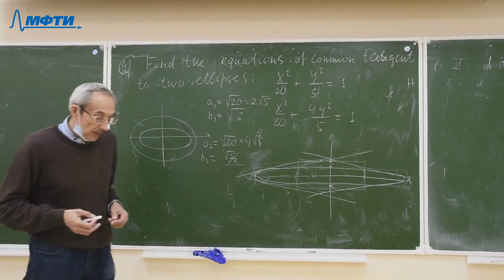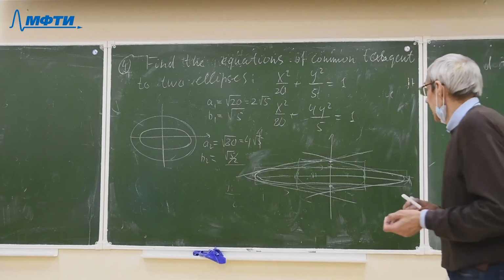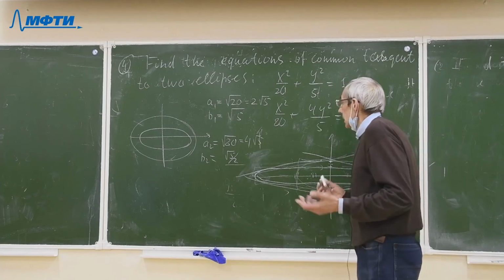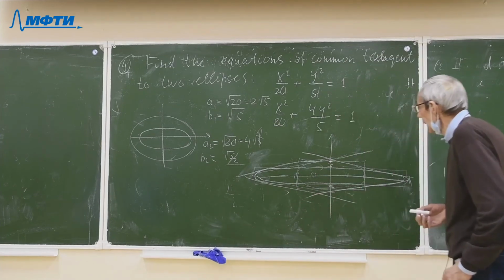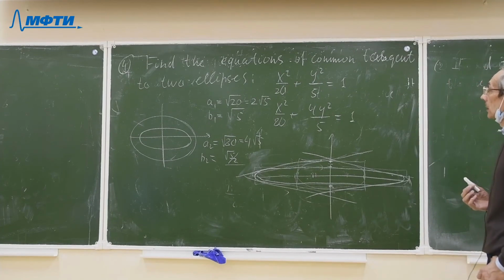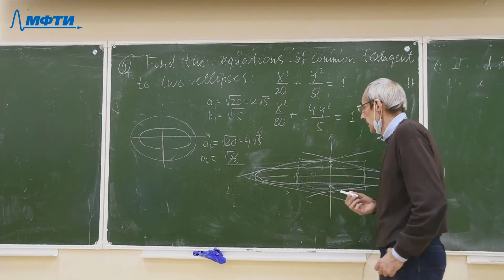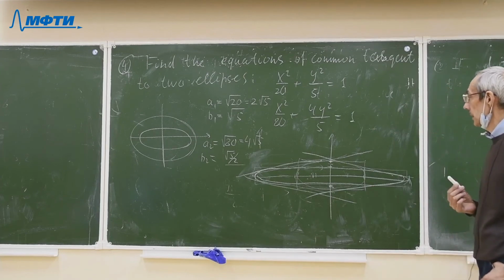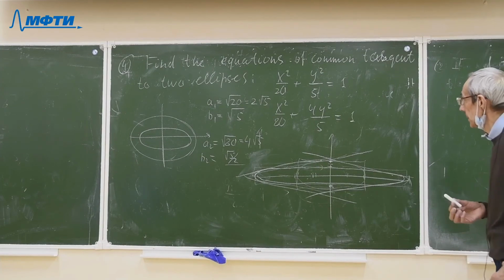How to solve this problem? We have two families of tangent lines. One of them is the family of tangents to the first ellipse, and the second is the family of tangents to the second ellipse.